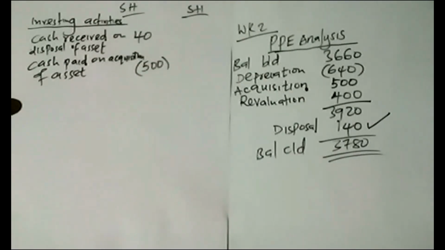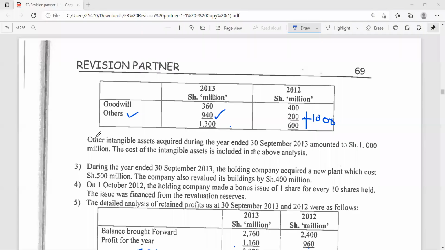Again, according to note 2, there is another thing we acquired, which is not a fixed asset but an intangible. Other intangible assets acquired during the year amounted to 1,000.